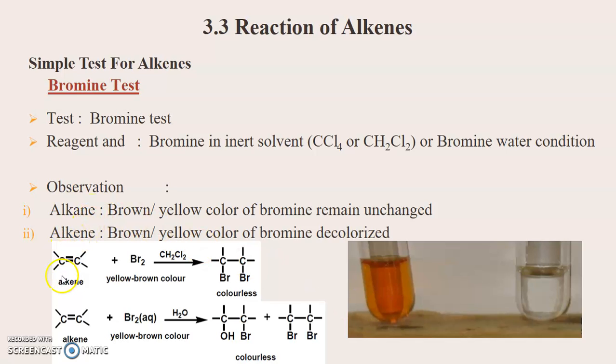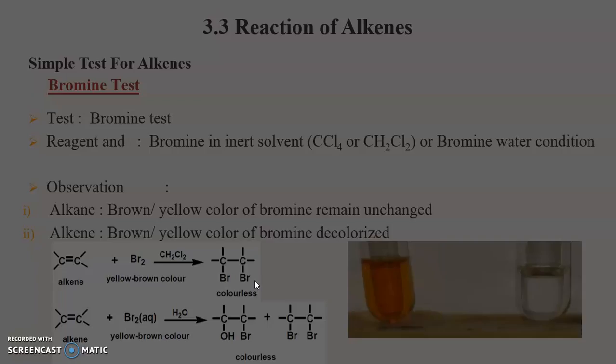But if it is an alkene, it has a double bond, it will react with the bromine, and the color of the bromine will become colorless. Before, it is yellow or brown, but when it reacts, there is no more bromine, so it becomes colorless.